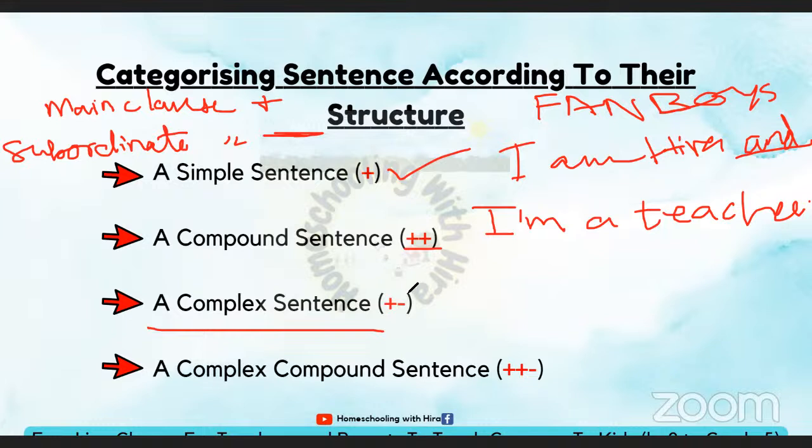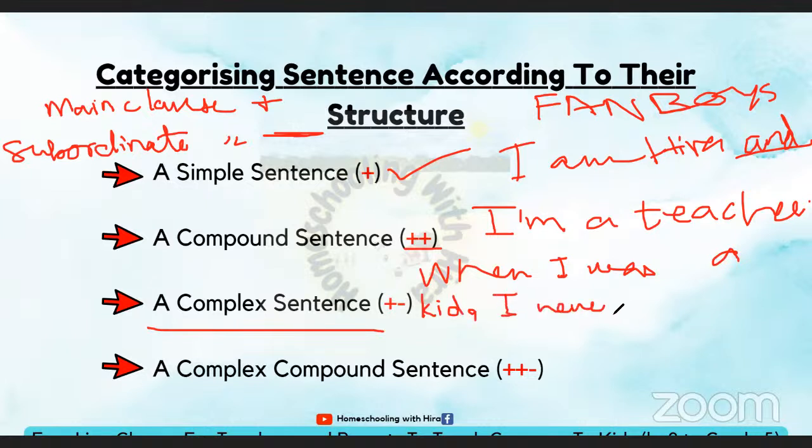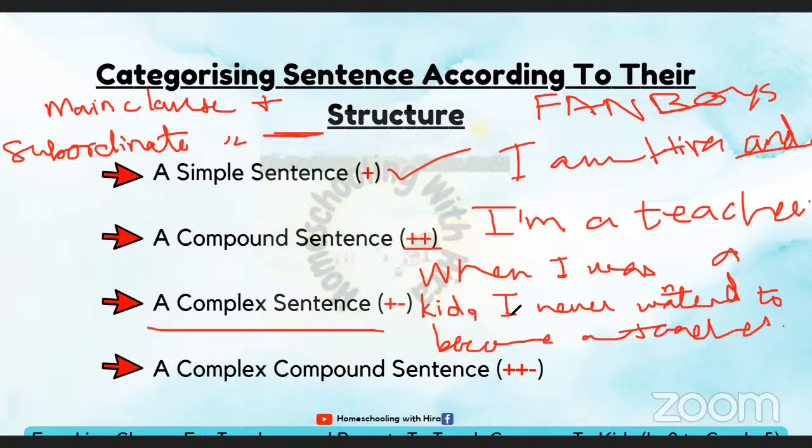So, when I was a kid, I never wanted, oh, my spelling. I never wanted to become a teacher. If you can read it, okay?